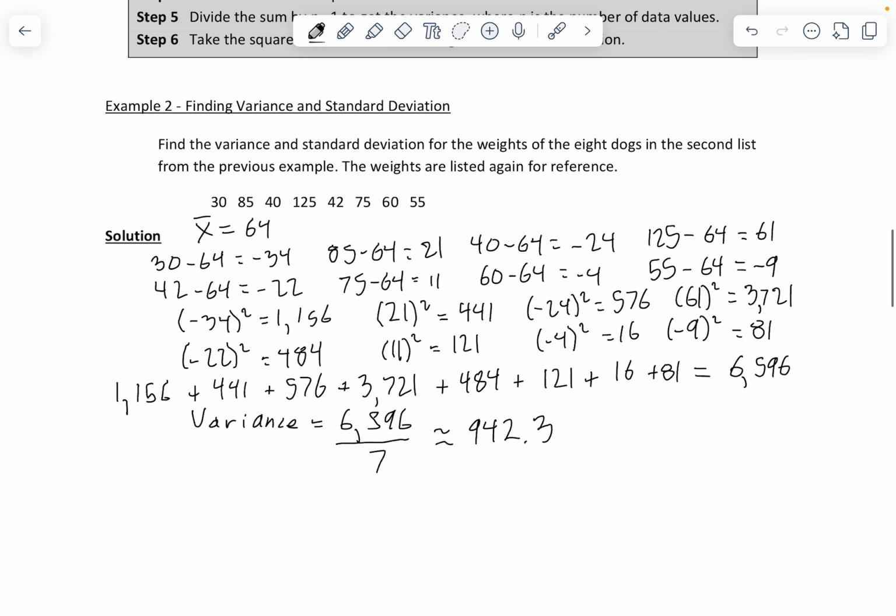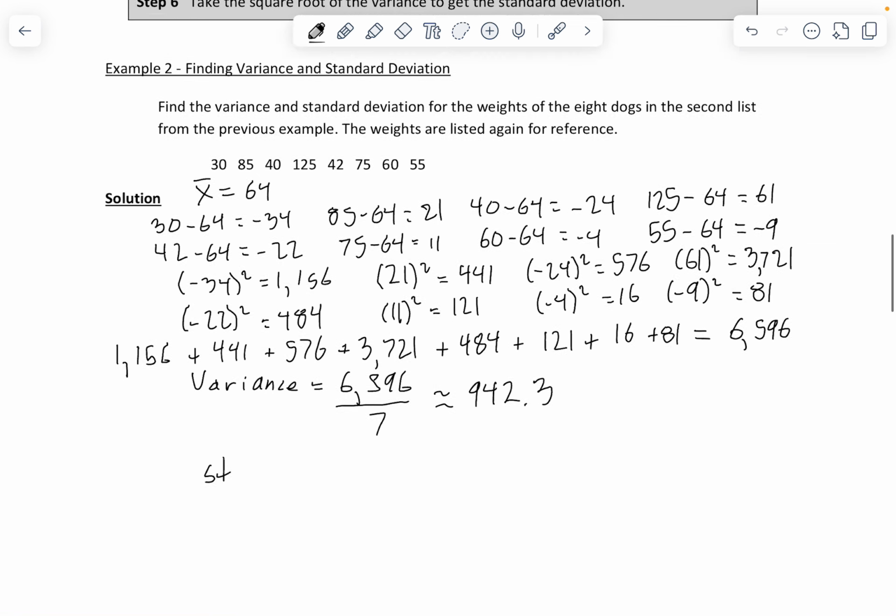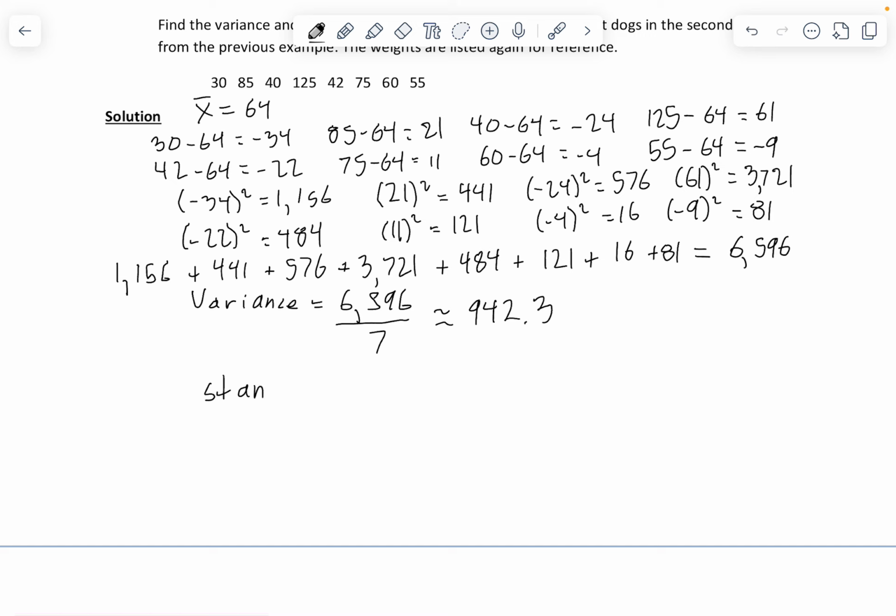Okay, so the standard deviation is equal to the square root of 942.3, and that works out to be about 30.7. And this number has units. The original data had units of pounds. Standard deviation has the same units as the original data.